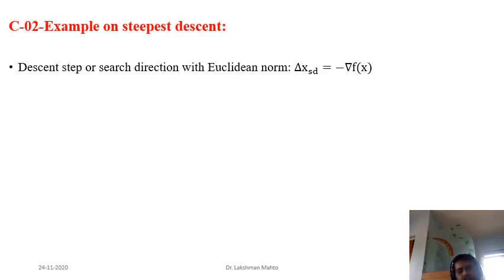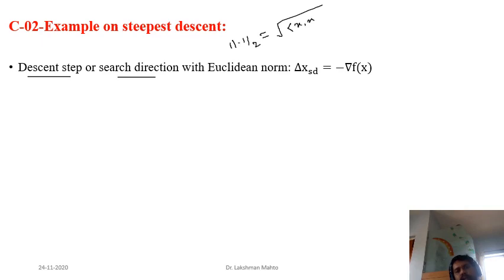So one example I would like to take here. Several examples I have taken, a few examples of steepest descent. If your norm is the Euclidean norm, that means the 2 norm or L2 norm, we define it as the square root of the inner product of x with itself.